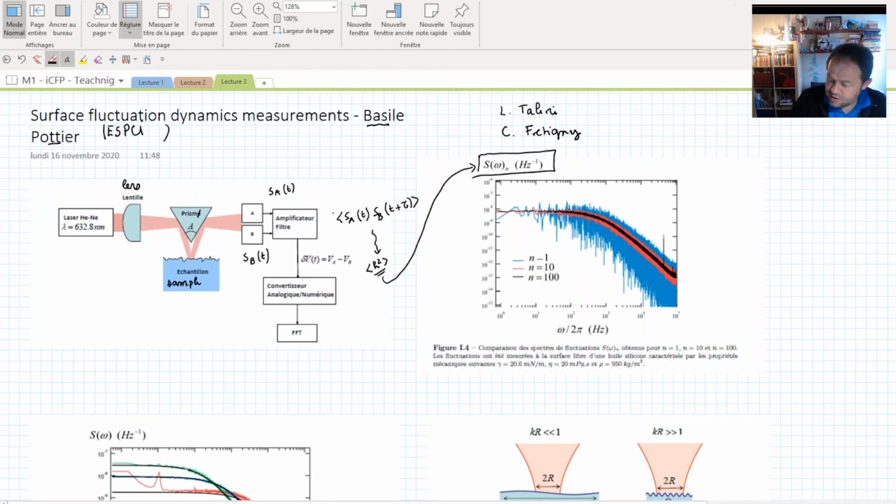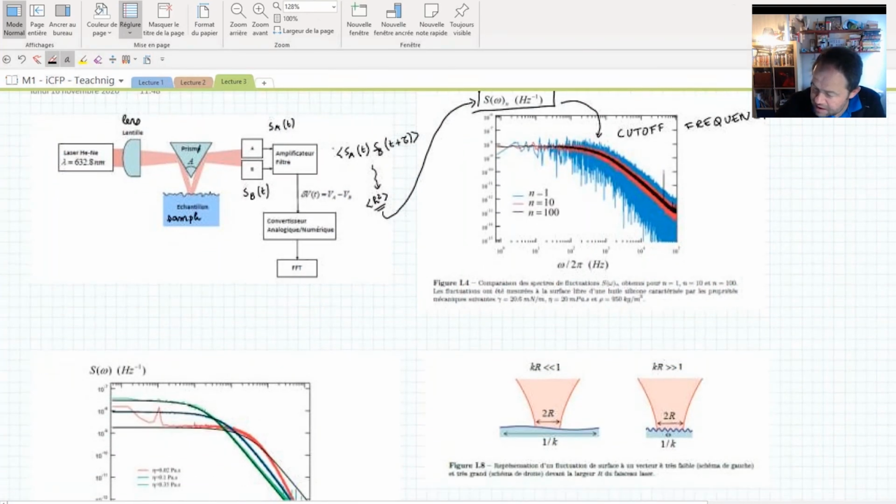If you look at the spectrum of the oscillation, first of all, there is a cutoff frequency among the fluctuations.